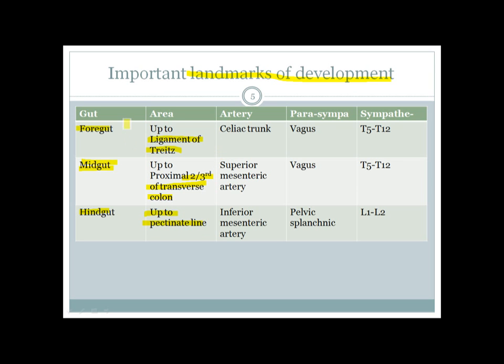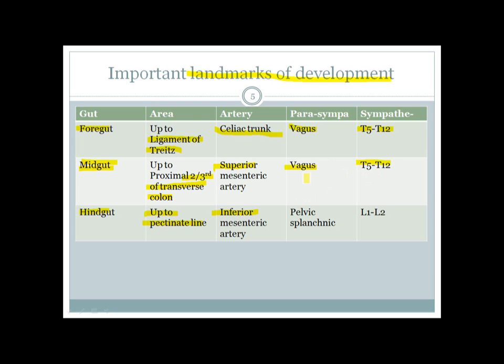And also those gut structures, each of them has a specific artery. For foregut you have the celiac trunk, for midgut you have the superior mesenteric artery, and for hindgut you have the inferior mesenteric artery. And the foregut and midgut, both of them get parasympathetic supply from vagus nerve, and both of them get sympathetic supply from the spinal cord segment, thoracic 5 segment of the spinal cord up to the thoracic 12th segment of the spinal cord, both of them.